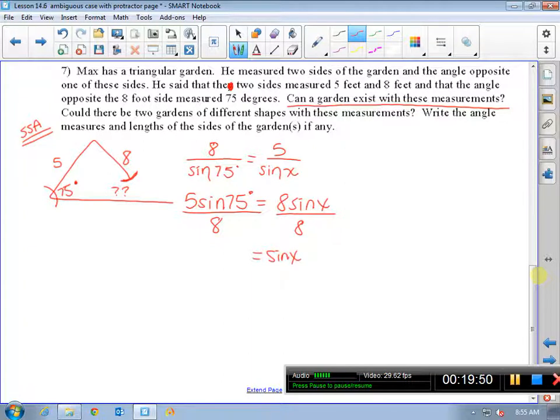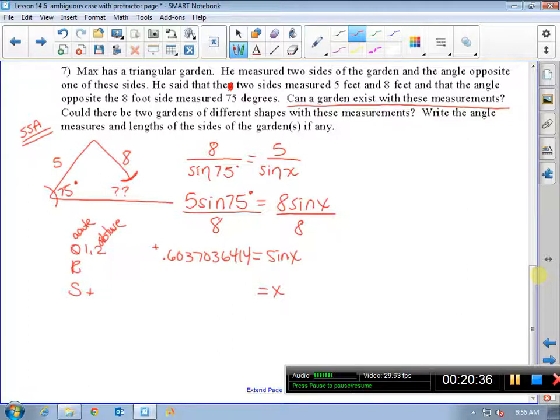So 5 times the sine of 75 divided by 8. 0.6037036 41, don't round these. And second, do a sine inverse to get the angle possibilities, just actually the reference angle you'd be getting there, because we're always looking in quadrant 1 and 2 for the acute possibility in quadrant 1 and the obtuse possibility in quadrant 2.